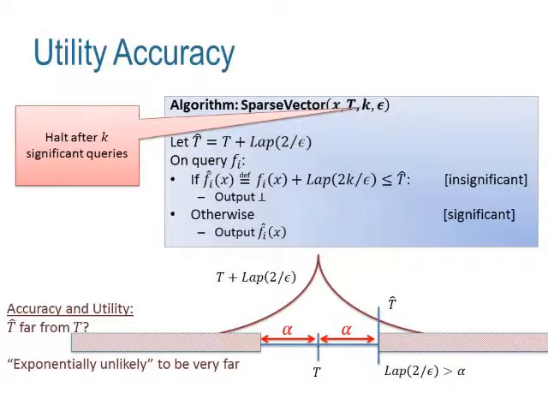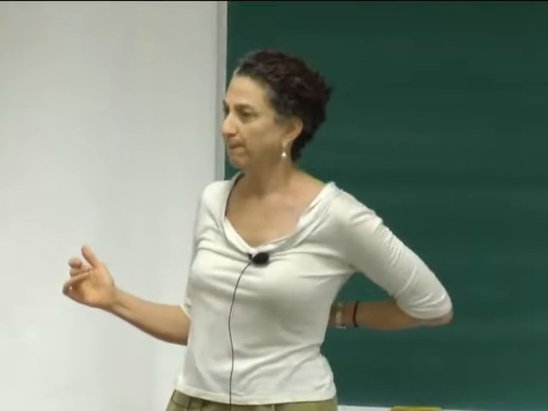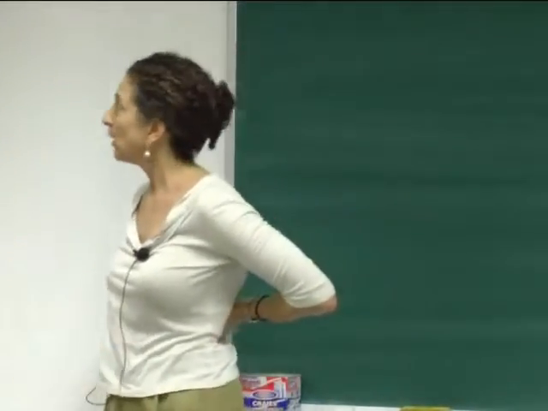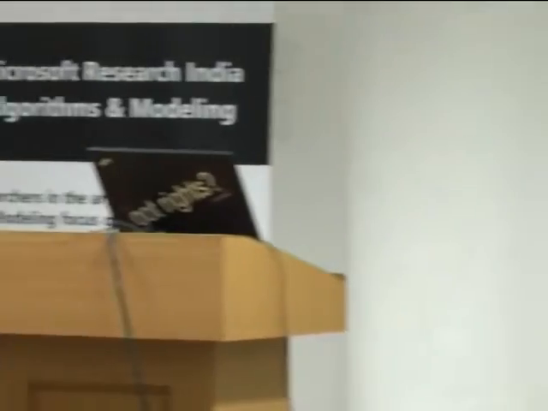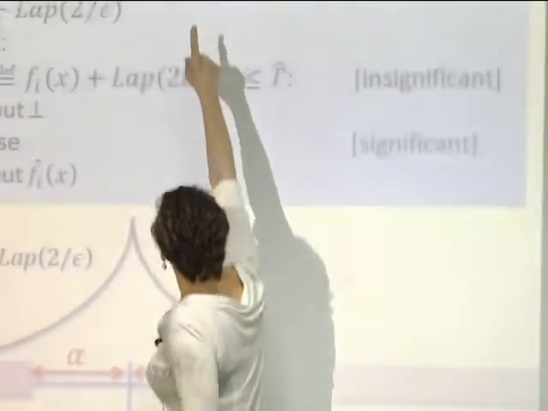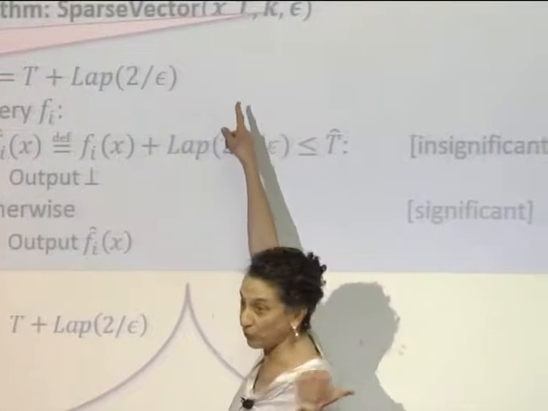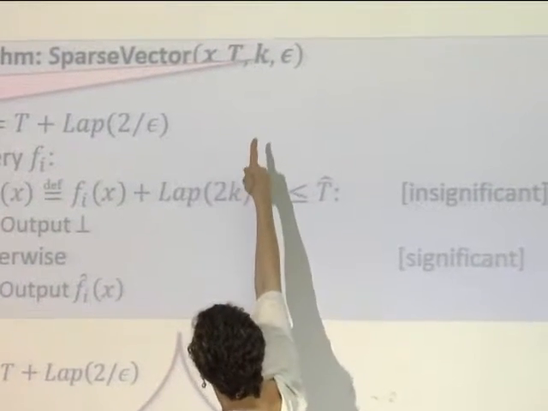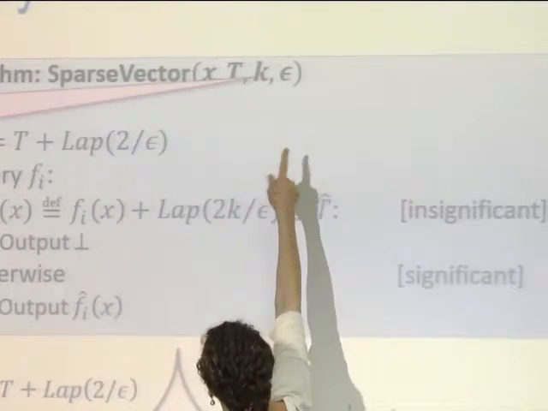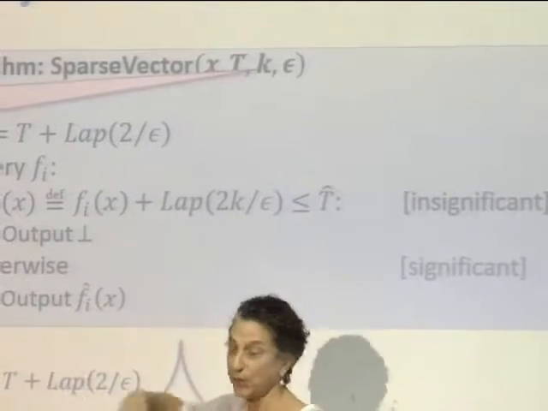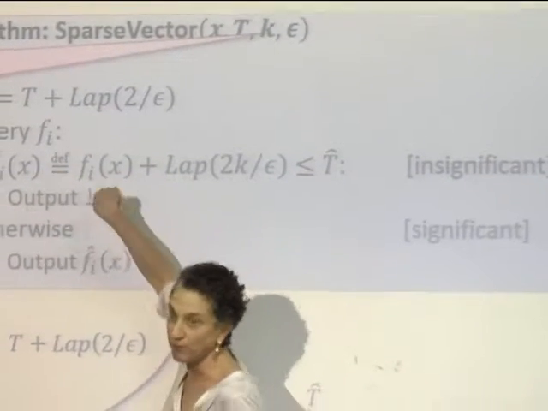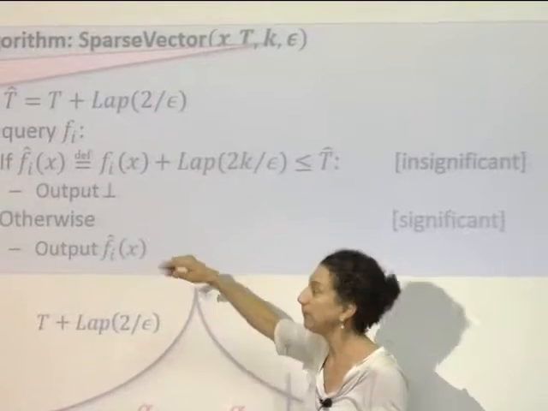And you'll see exactly why in the proof we chose to do both. That will come. So the algorithm is going to take as input the database X, this threshold T, that's publicly known threshold, the number k of queries that it's just going to quit after k queries. I didn't put that into the structure of the algorithm, but we all know that's what's going to happen.